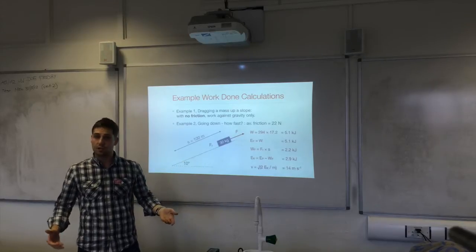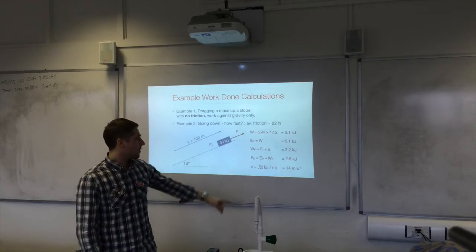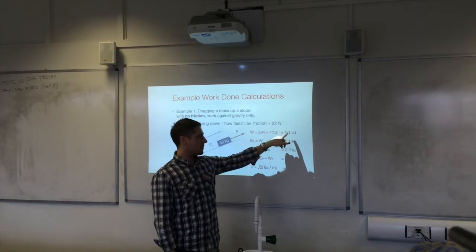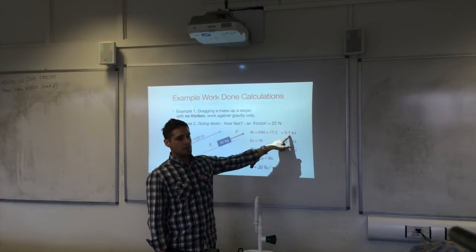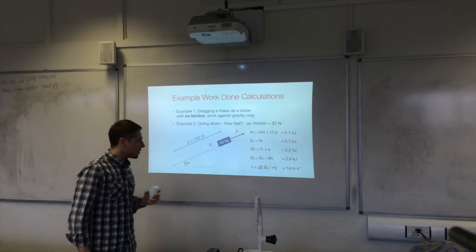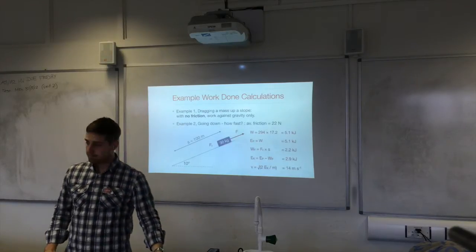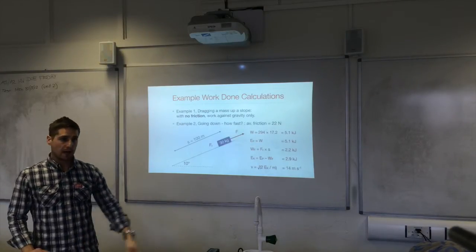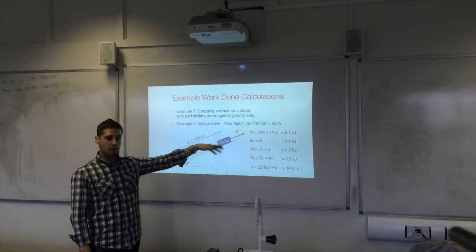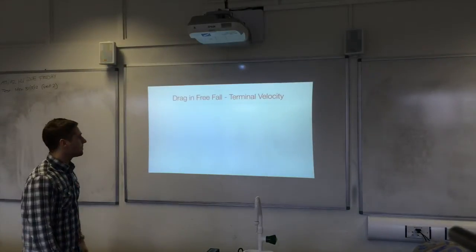If there was no friction, then it's just going to be constant acceleration all the way down there, and you would find the velocity from using that energy in that equation there. Okay, any questions about that? That kind of calculation is quite common. All right then.